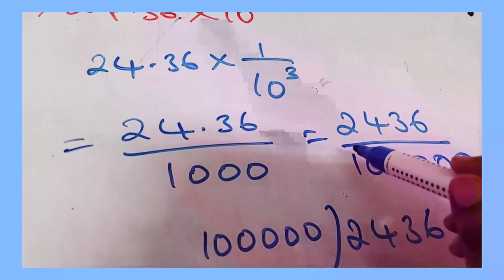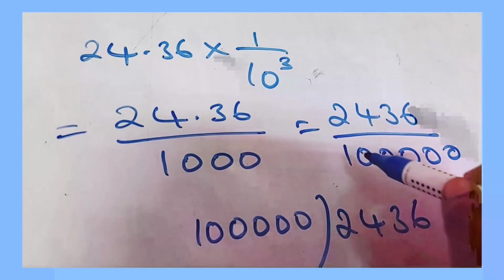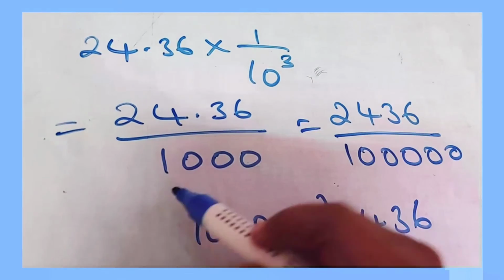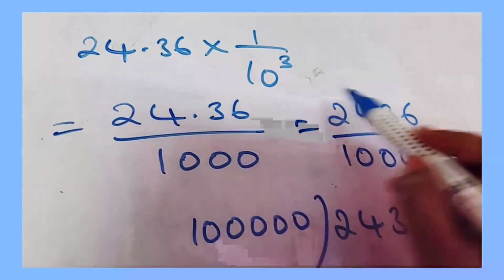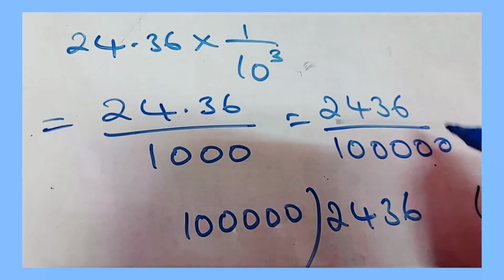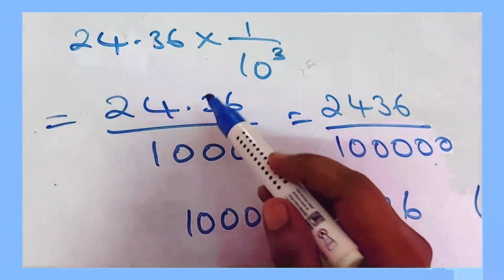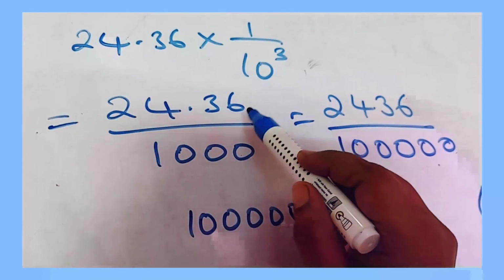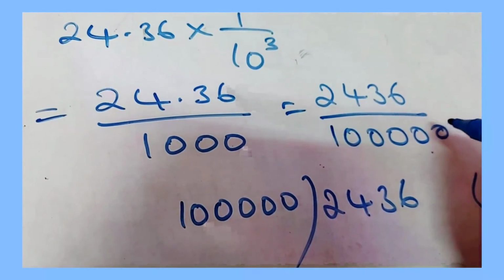So now 2436 by 1000. After point how many numbers are there? 2 numbers are there. So you have to take here in the denominator 2 zeros. Okay, this is how you have to do the point division.